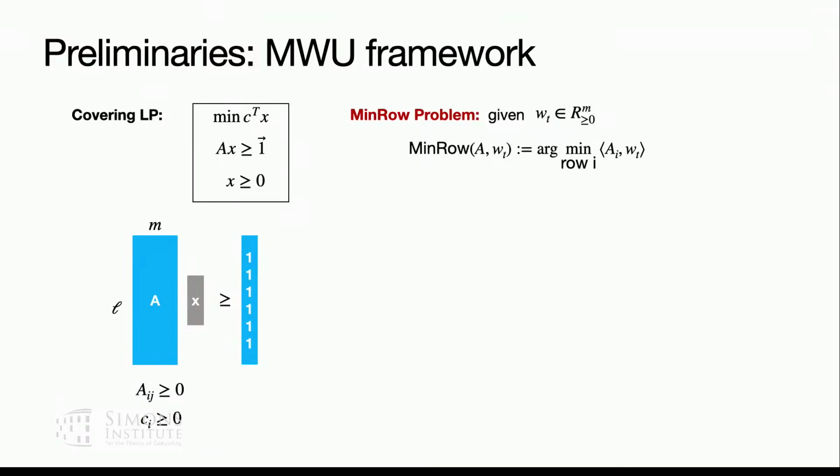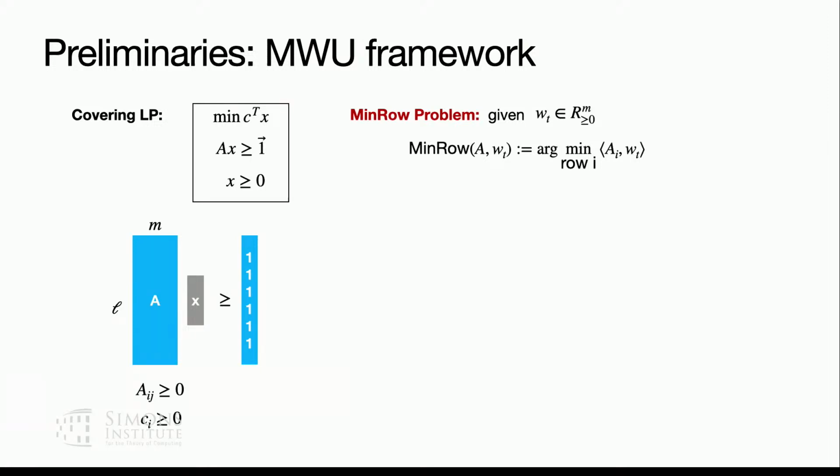So let's take a look at the general covering LP that minimizes c transpose x such that Ax is at least 1. One can think about this as a very tall implicit matrix, in the sense that the number of rows can be exponentially large, and all the entries are positive. I want to solve this covering LP, and the standard multiplicative weight update framework from Garg and Könemann says that you can reduce this problem to solving a sequence of simpler problems, called the min row problem.